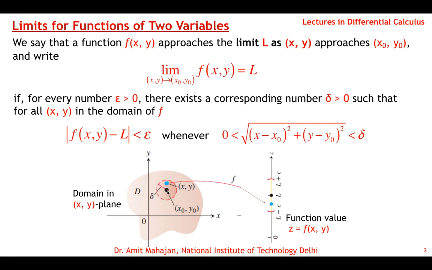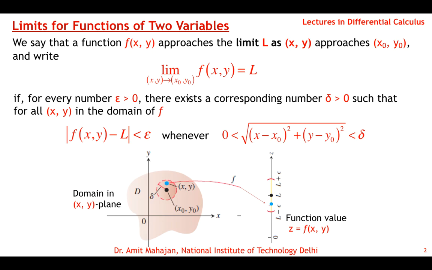For any point lying in the neighborhood of (x naught, y naught) within the delta distance, the corresponding function lies within the epsilon distance. If this is true, then we say that the function is arbitrarily close to L whenever (x,y) lies sufficiently close to the point (x naught, y naught).